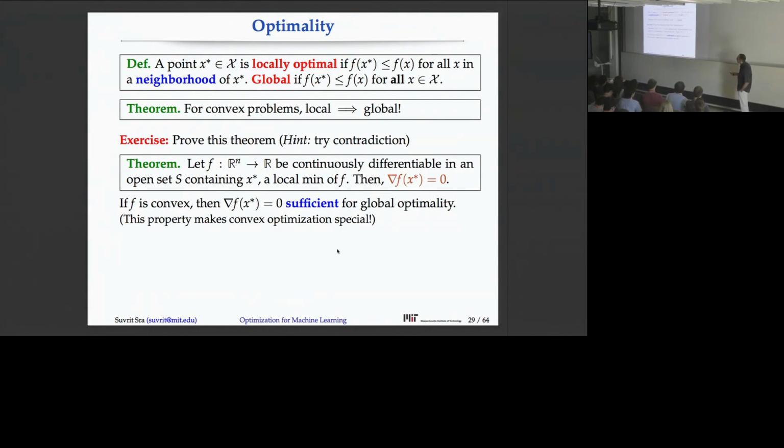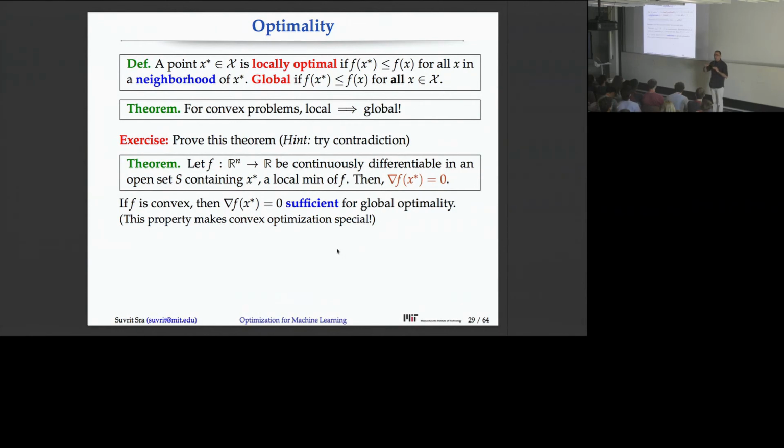And this is one way. Suppose the function is differentiable. You know from high school calculus, generalized to vectors now, that the first derivative equal to 0, here the gradient vector equal to 0, is a necessary condition for optimality for any function, convex or non-convex. This is necessary. But the beauty of convex optimization is that this simple first order condition is also sufficient. And that's where all the difference comes from.